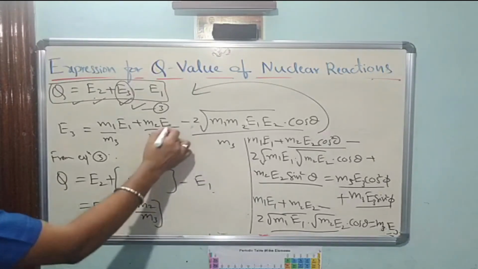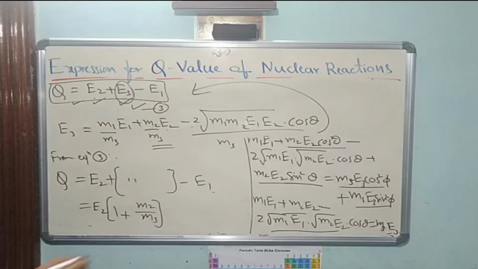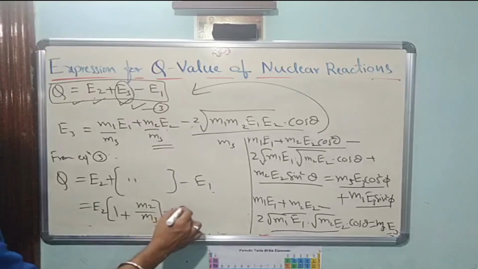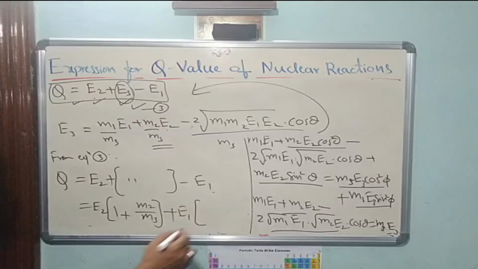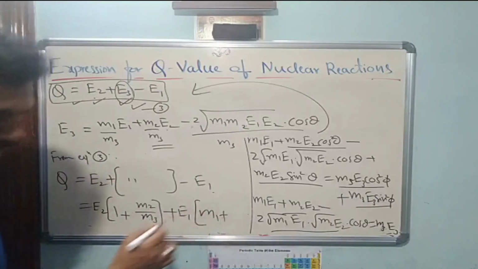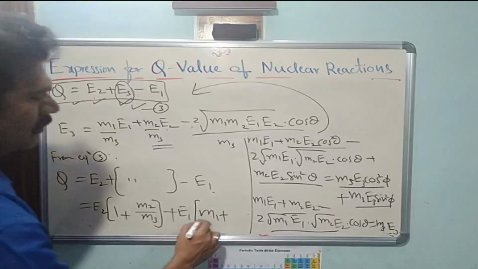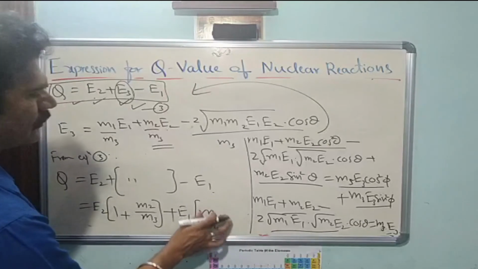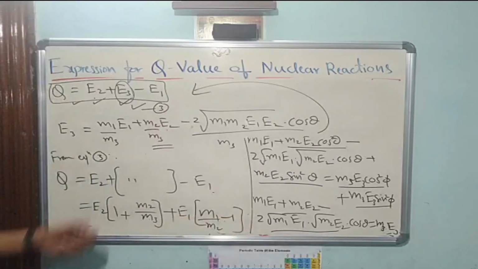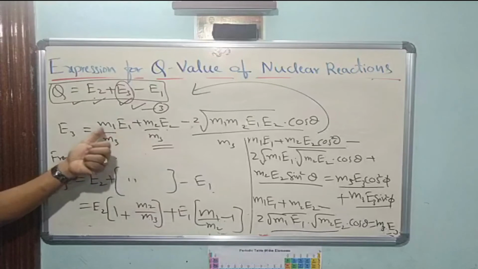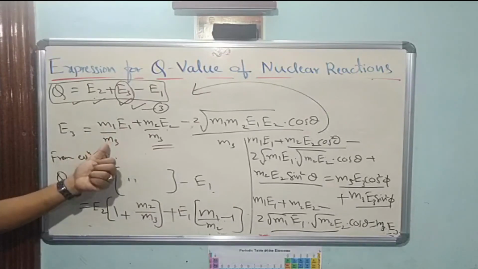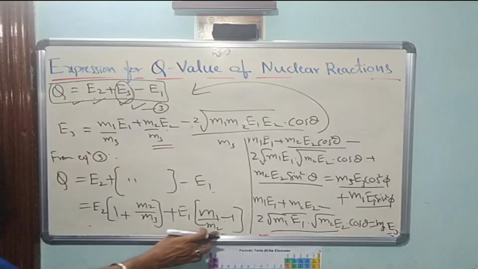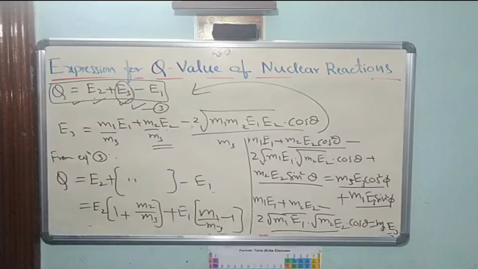E1 is also common, so left with M1 by M3 minus 1.